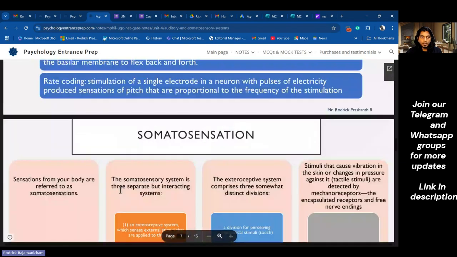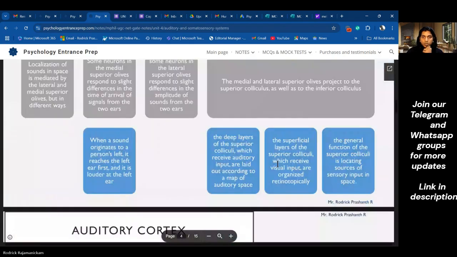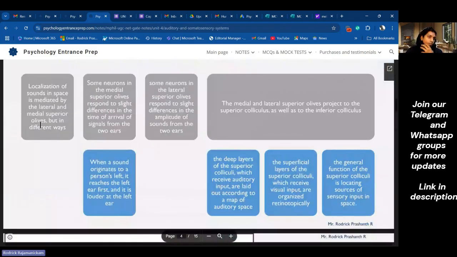Initially, sound localization is mediated by superior olives. When a sound originates, there are differences between the left and right ear. It will be louder on the ear facing the source of the sound and less loud on the other side, similarly with pitch and the integrity of the sound quality.